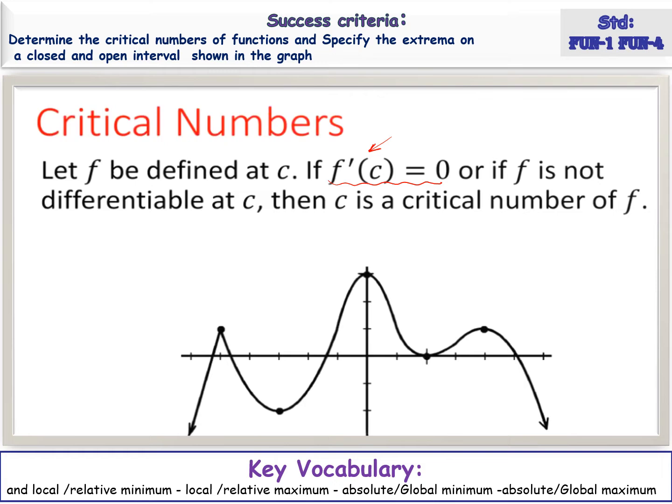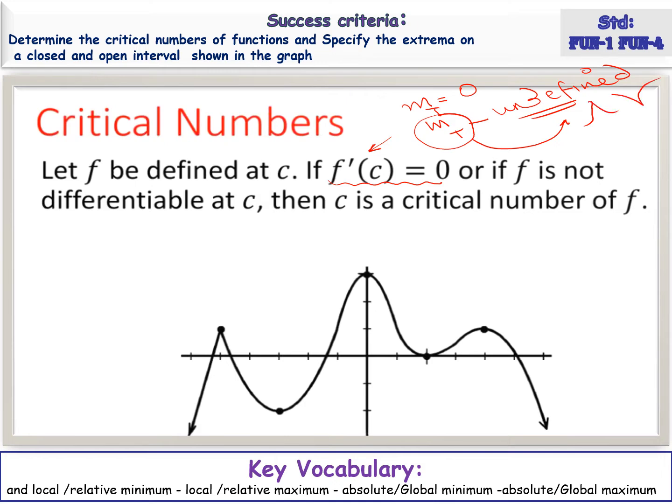So, the places where the slope of the tangent line is 0 or undefined are your critical numbers. Now, you know that if the slope of the tangent line is undefined, it means the function is not differentiable at that point. And if the function is not differentiable, of course, it could have a sharp turn.